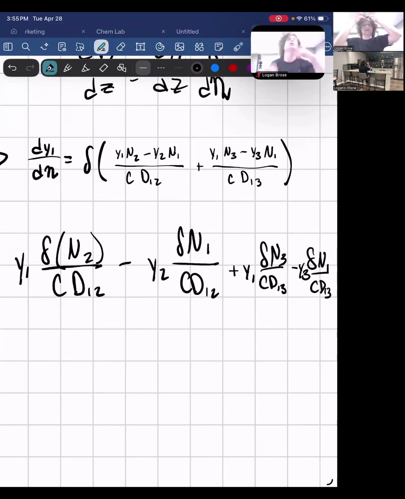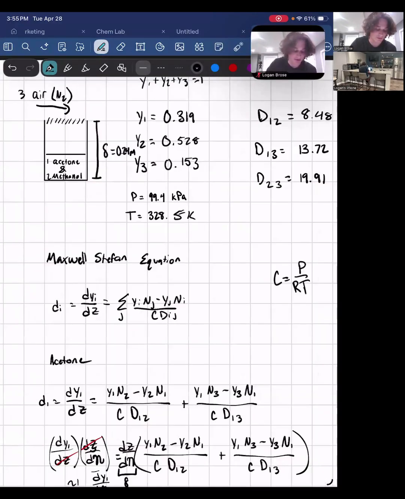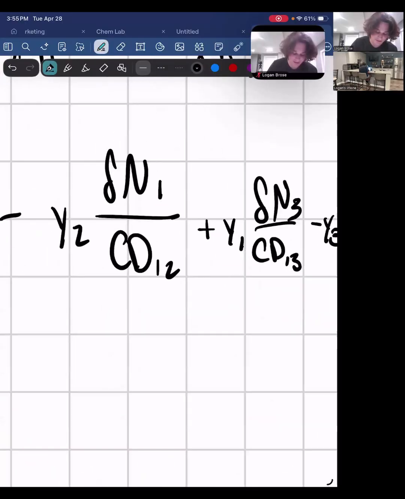cd13. Now when we look at this, our flux for our N3 here is just 0 because we have no pressure driven flow up here. And so this can just go to 0.